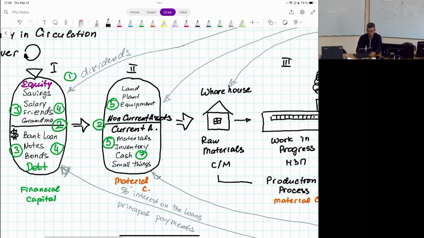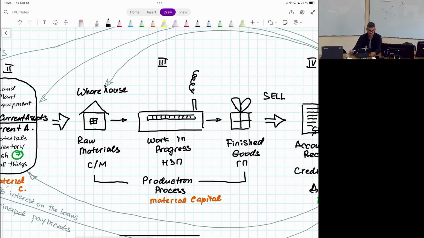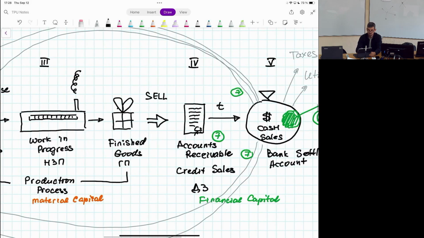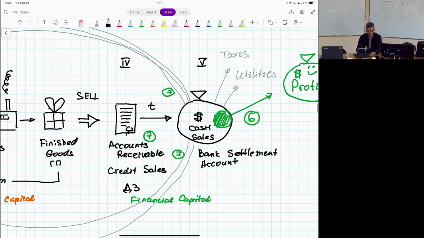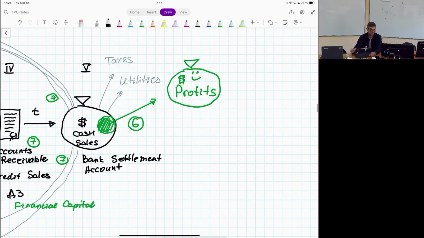And then you have to use this capital to buy all the assets you need for production. Then you start your production: raw materials, work in progress, and finally finished goods. Then you sell your products and you generate cash, and then you generate profits from your sales.